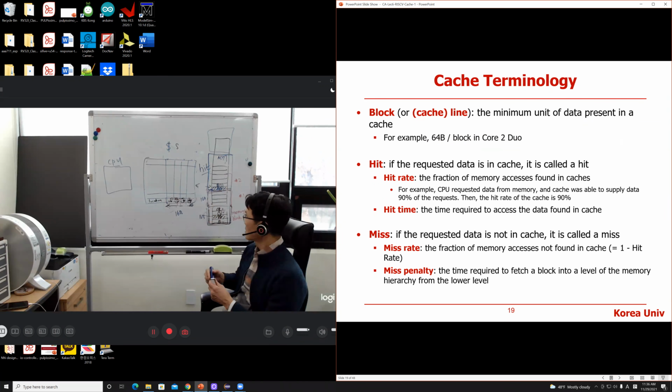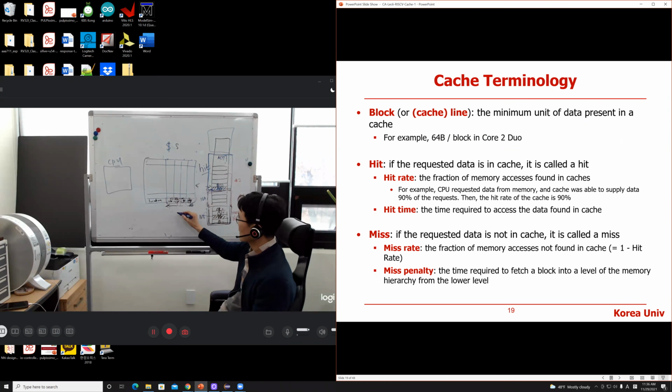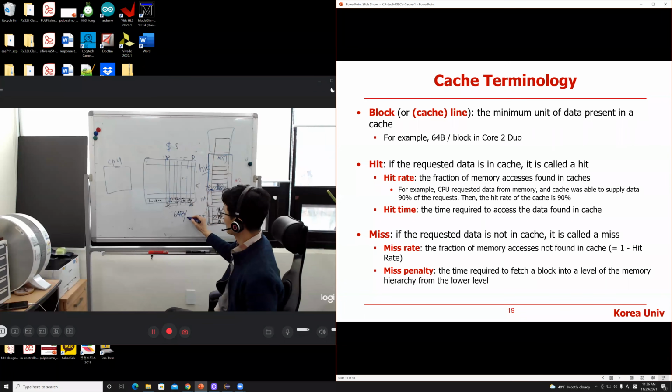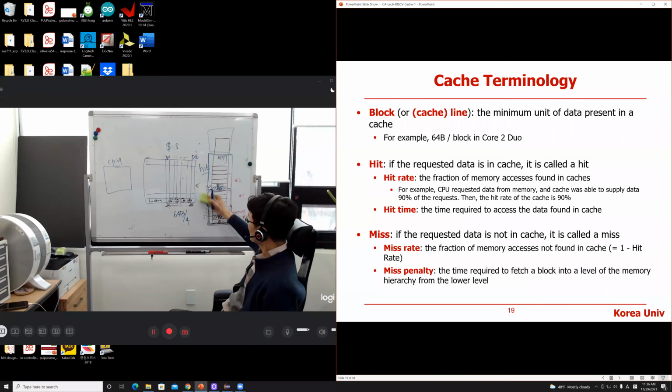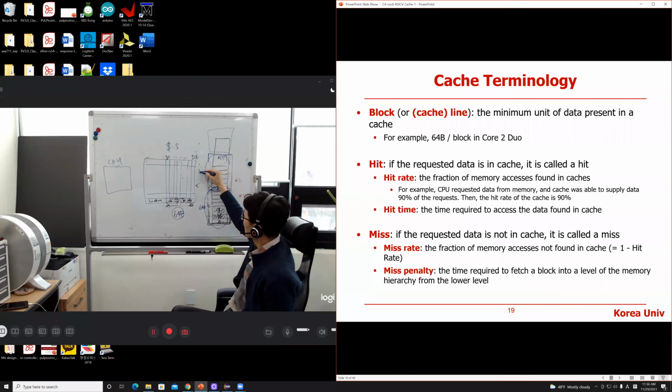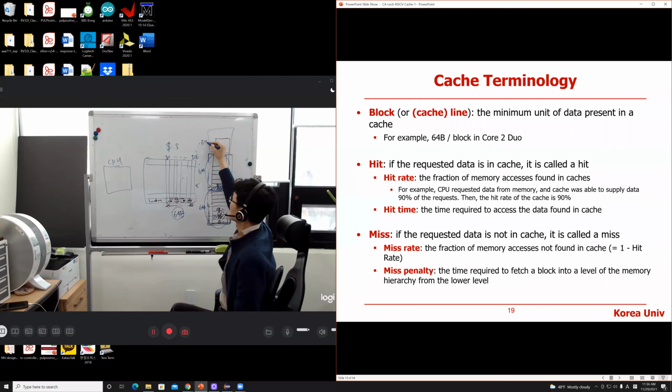Core i7 has a 64-byte cache line size. That means here you have D0 to D15. Then main memory will be logically divided into 64-byte chunks, the first 64 bytes, second 64 bytes, third 64 bytes, and so on.